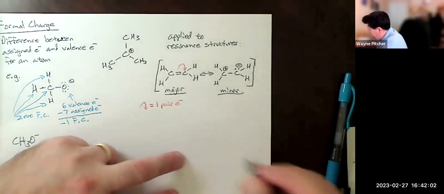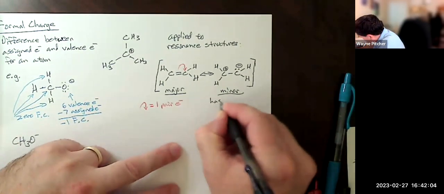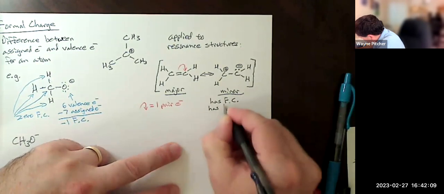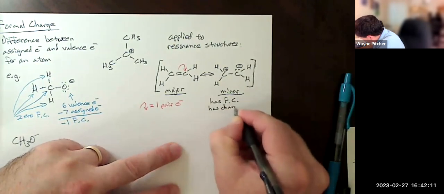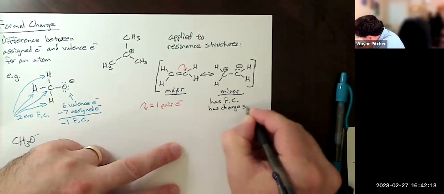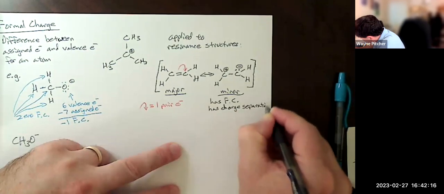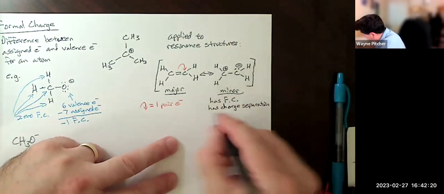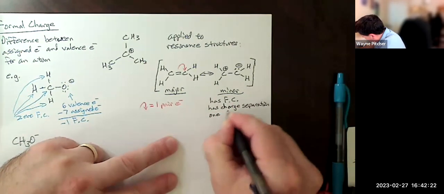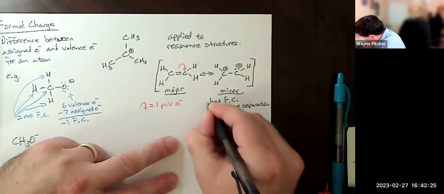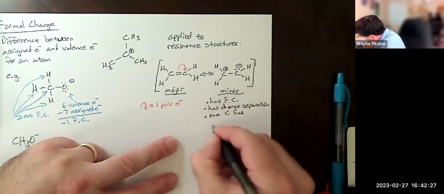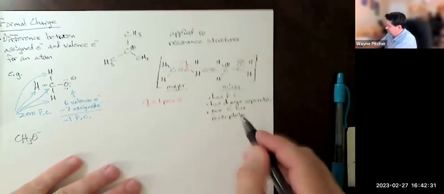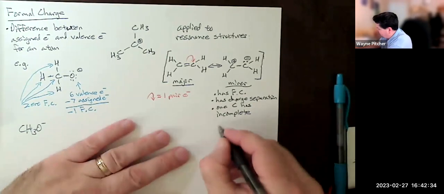Well, it has formal charges. It has charge separation, and also one carbon has an incomplete octet.